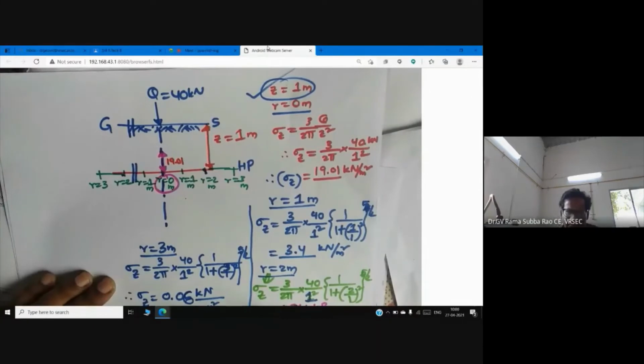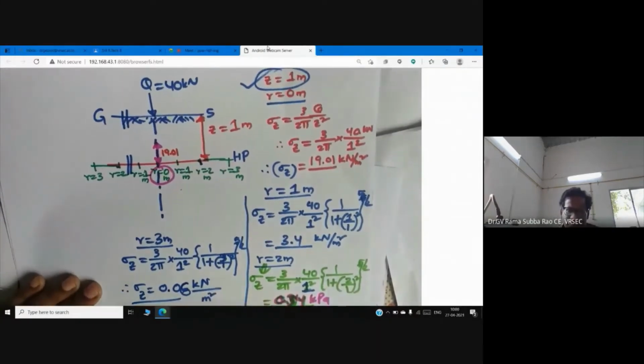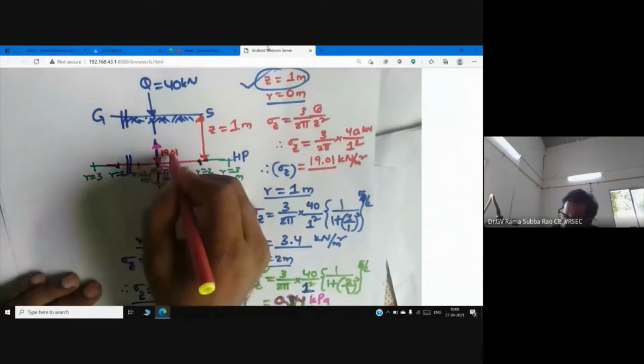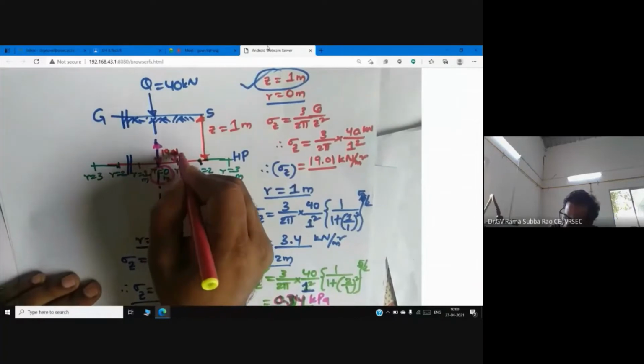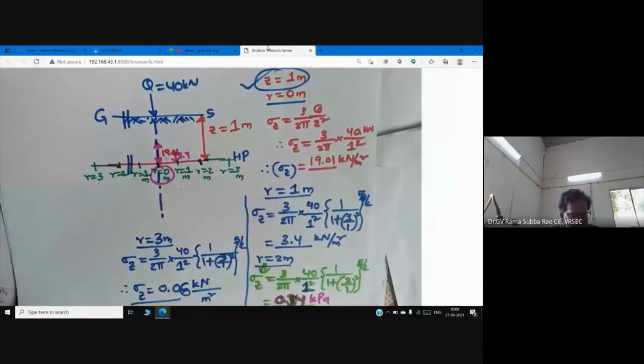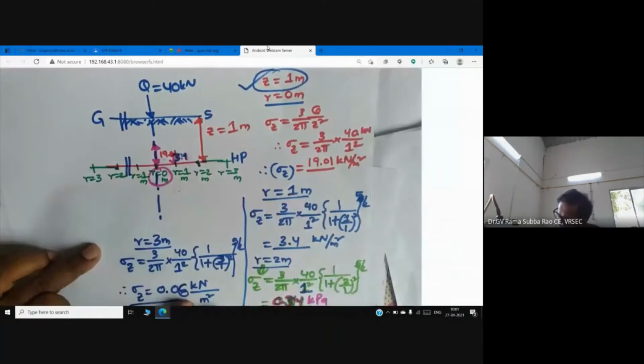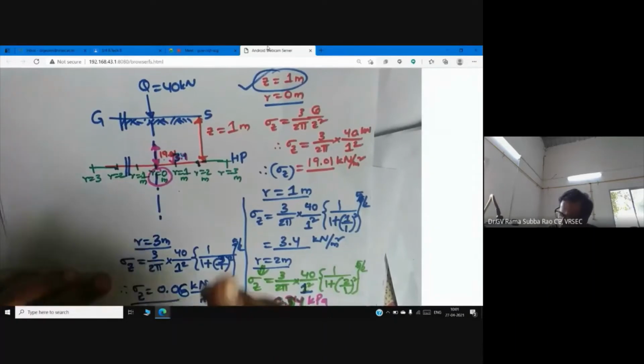So I have values now. I hope they are visible to you. I have the value 19.01. The next value is 3.4. The next one is 0.34.